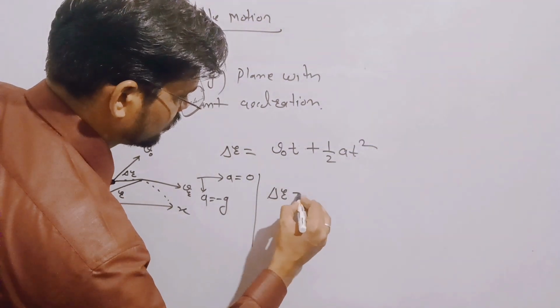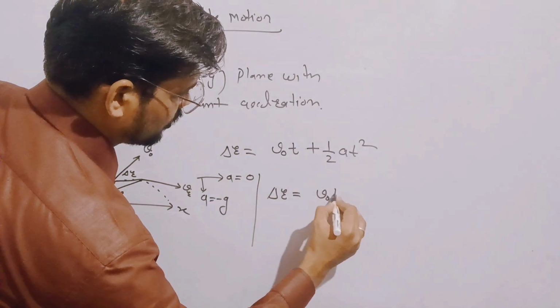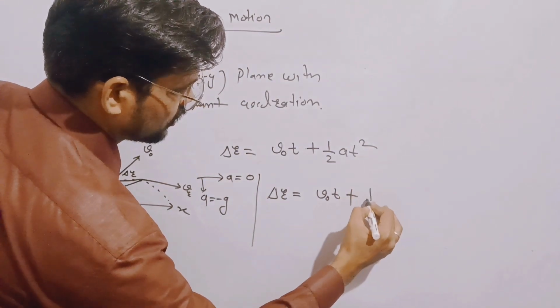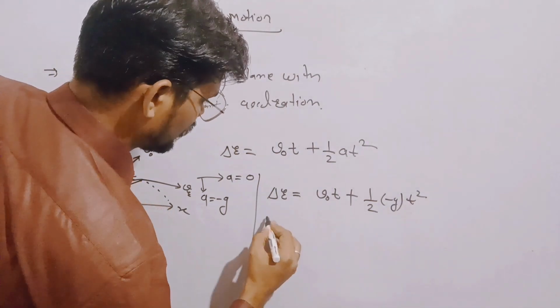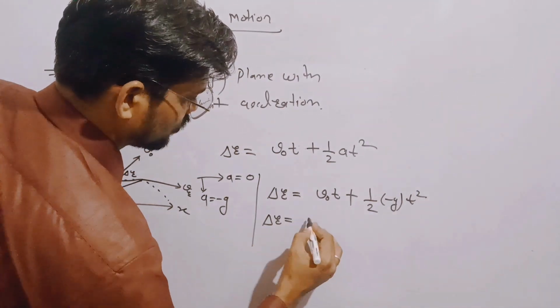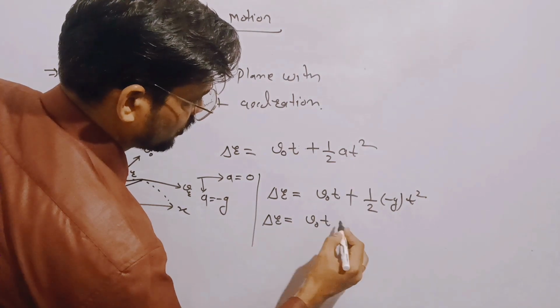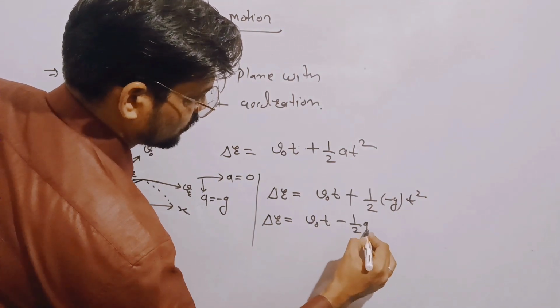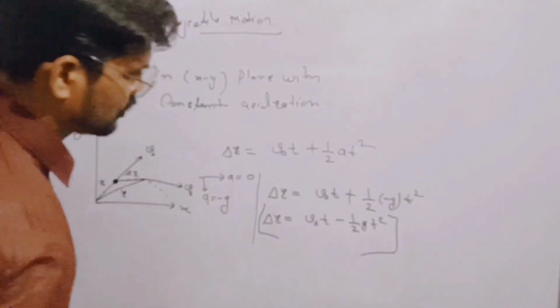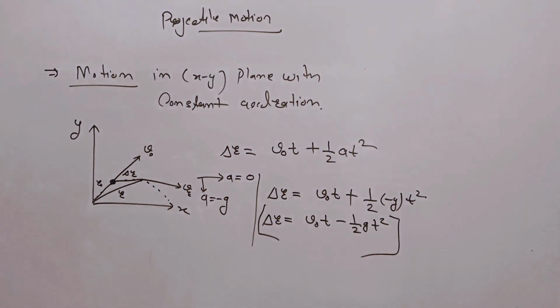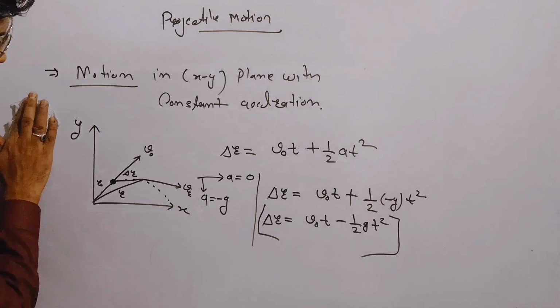So delta r is equal to v naught t plus 1 by 2 minus g into t square, so delta r is equal to v naught t minus 1 by 2 g t square. So this is the position of the object in the projectile path.